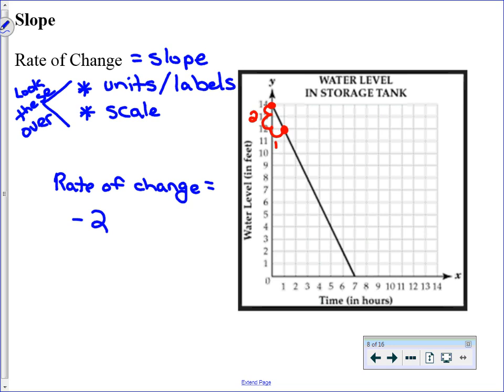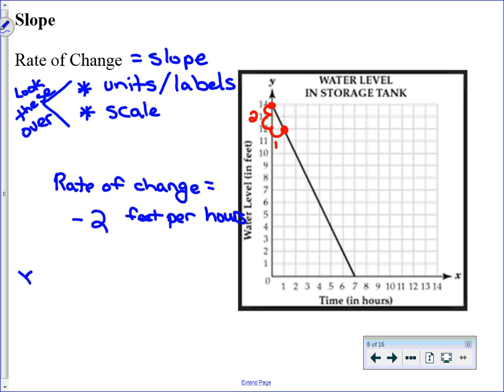So I need to make sure that not only do I put the negative sign, but I need a label. We always are putting our y's on top over our x's. So that means we are losing 2 feet per, and then what's the x label in this case? Hours. So we're losing 2 feet every 1 hour that goes by.